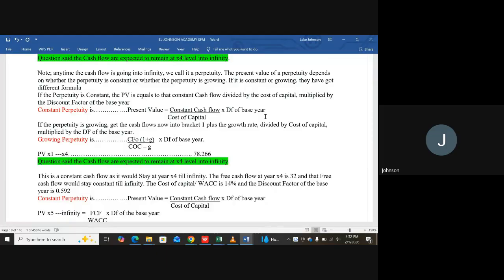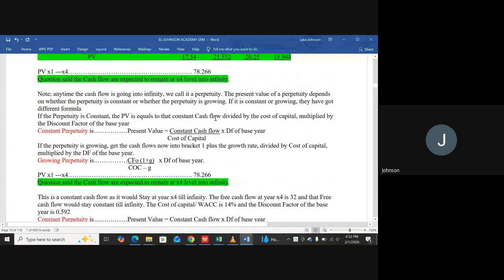Let's continue. We have a constant cash flow into infinity. That is a perpetuity that is constant. The formula: pick that cash flow that is constant, divide it by the cost of capital given, then multiply it by the discount factor of the base year. So that is that.